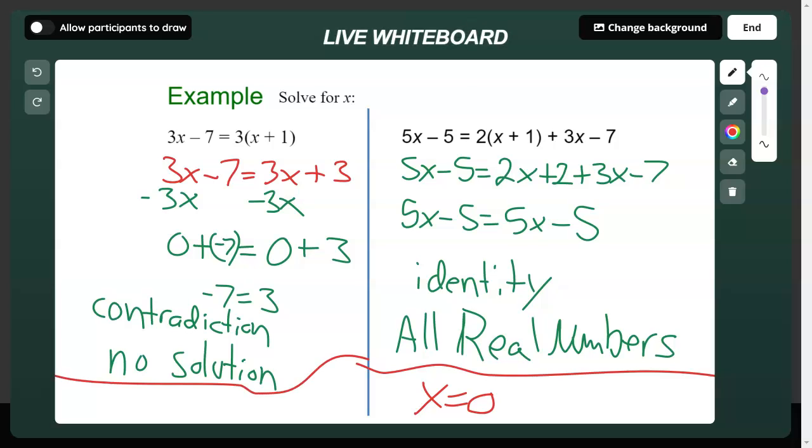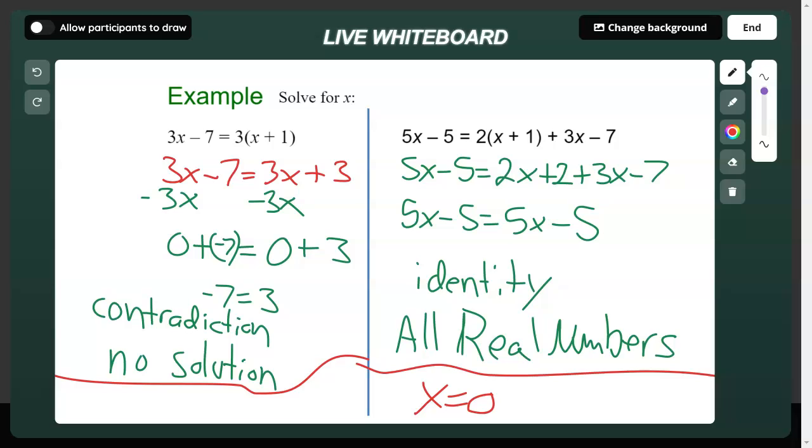Is that a conditional, contradiction, or an identity? If I work an equation, I get x equals 0. Not a contradiction. It's conditional. It's an answer. 0 is allowed to be an answer. 0 is a number. It's a whole number. It's an integer. It's a rational number. It is a real number.